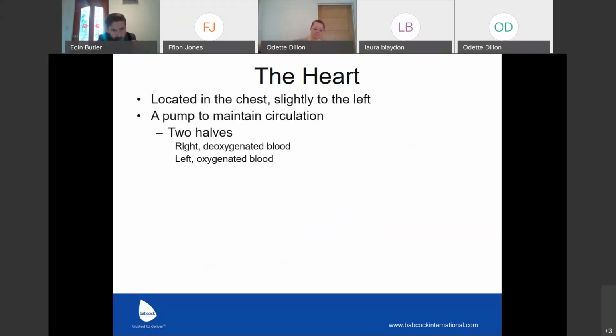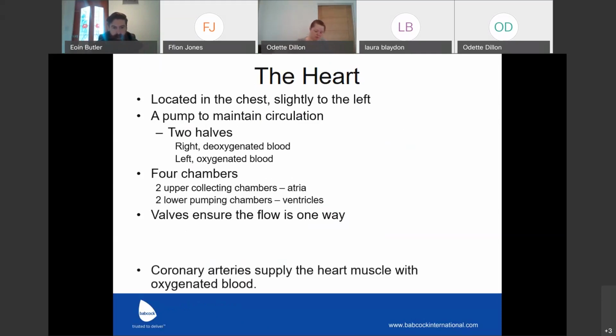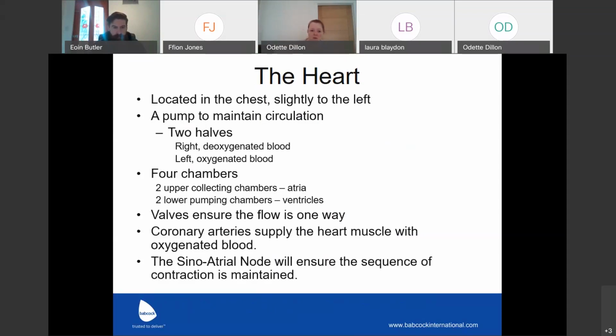So it's a pump that maintains circulation around the body, split into two halves, the right side with deoxygenated blood and the left side with oxygenated blood. It has two upper collecting chambers called the atria, two lower pumping chambers called the ventricles. There are valves to ensure that the flow is one way. Coronary arteries supply heart muscle with oxygenated blood, and the sinoatrial node will ensure the sequence of contraction is maintained.